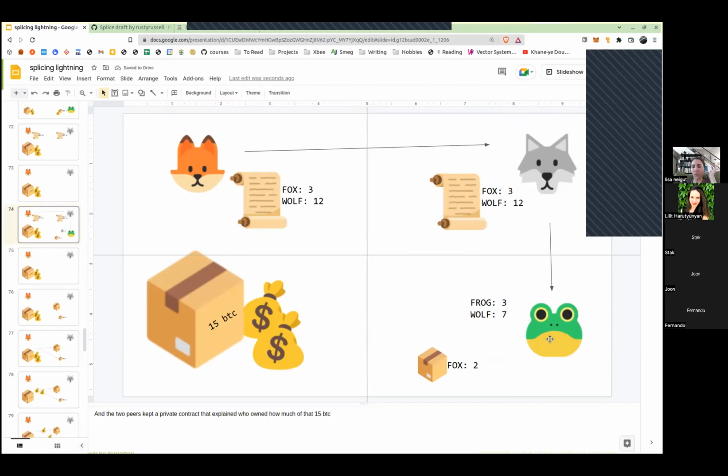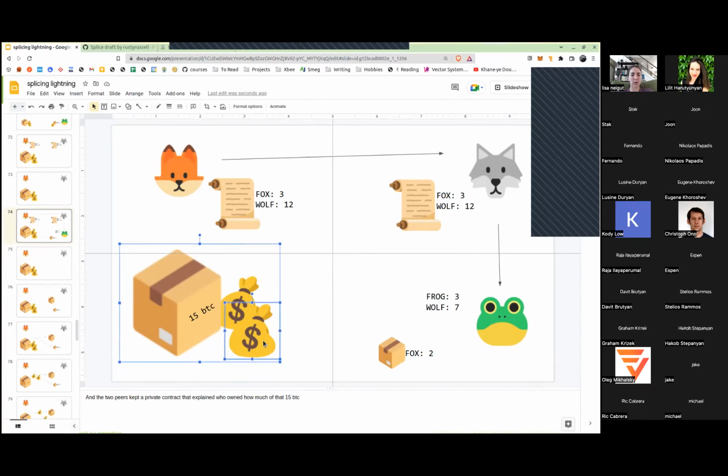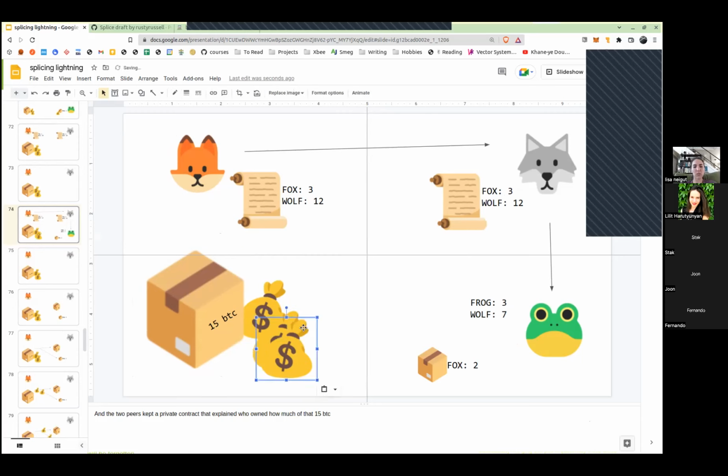So Frog would create a new output on chain on behalf of Fox that has to get mined before it has any value, right? But the point I'm trying to make with this little illustration is that Fox would now have a new object on chain that's worth 2 because they had pushed this money here. But then, where did Frog get the money from?